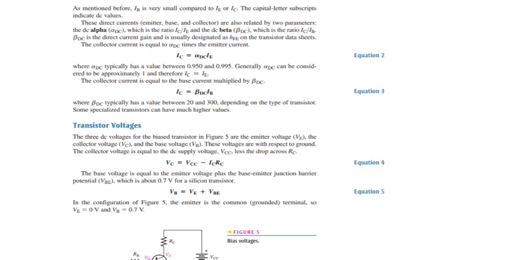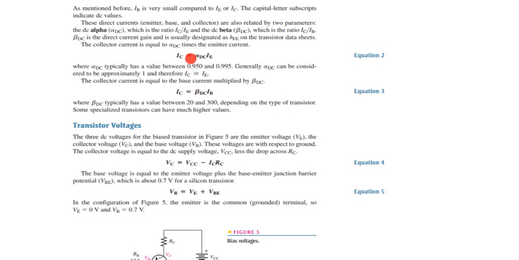So IC equals alpha times IE. Alpha is very close to 1, that is 0.95 to 0.995. This is the relation. Okay, right? So this relation you have to know. Collector current is equal to alpha times IE. Another is collector current is equal to beta times IB. Beta is a large quantity, that is 20 to 300. Okay, it depends on the transistor, it is going to vary.